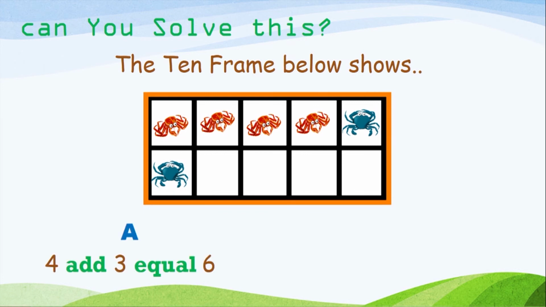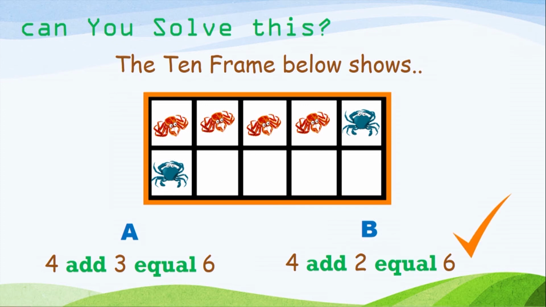Is it A, 4 add 3 equals 6? Or is it B, 4 add 2 equals 6? Look carefully. Which one did you choose, A or B? And if you said B, you are correct. The 10 frame shows that 4 add 2 equals 6.